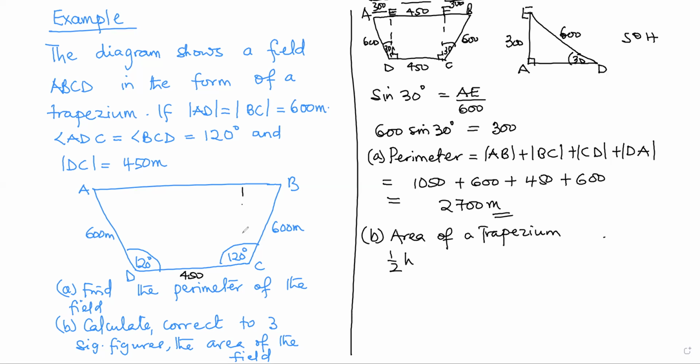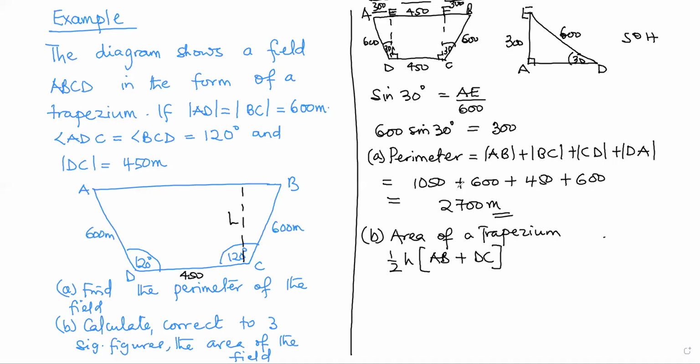So the height will be over here, then your summation of AB plus DC. So half of the height times the parallel sides, the summation. So now to find the height, we know H over here. So we know this H.